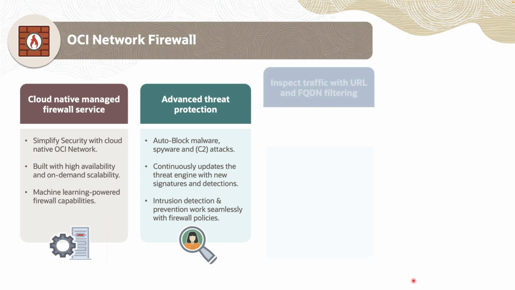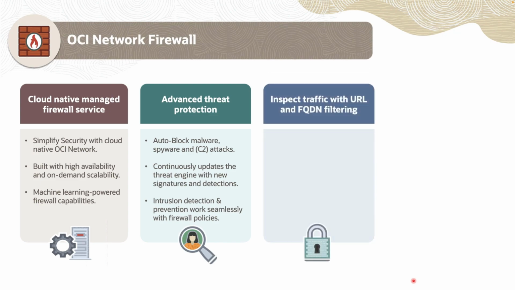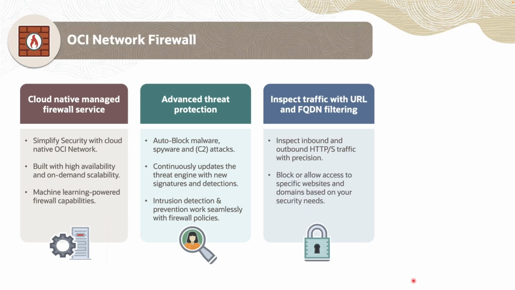It allows you to inspect both inbound and outbound HTTP and HTTPS traffic by filtering URLs and fully qualified domain names. This granular level of inspection ensures that each data packet passing through your network is carefully inspected, allowing you to effectively identify and address potential security threats.